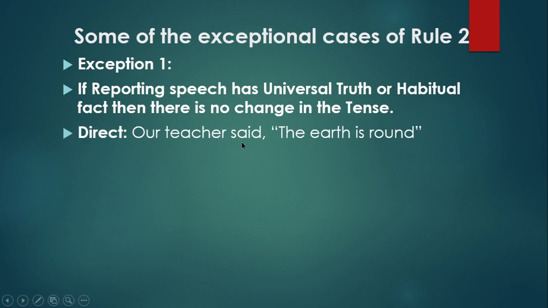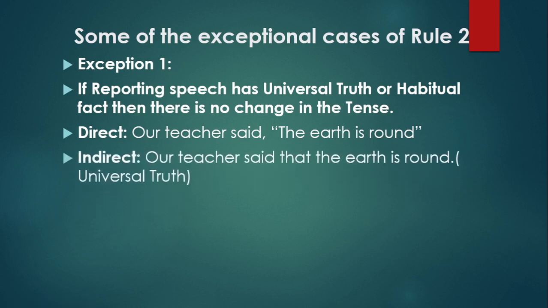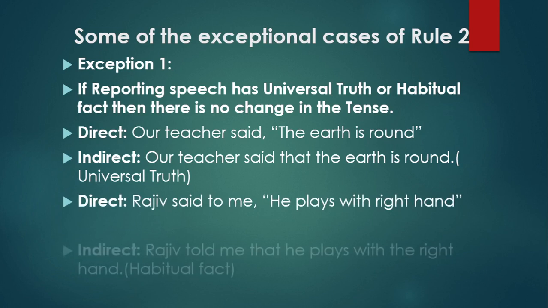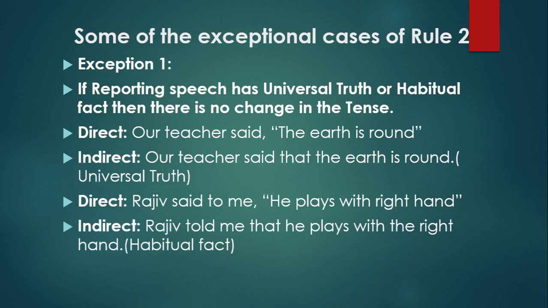Although here we have said, we will not change the reported speech because the reported speech is a universal truth. Our teacher said that the earth is round. Rajiv said to me, he plays with right hand. Habitual fact. We will say Rajiv told me that he plays with the right hand.